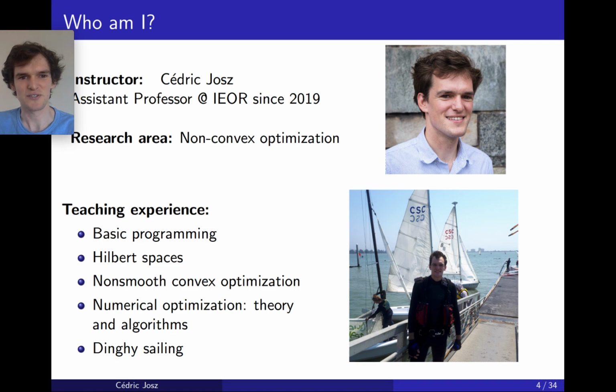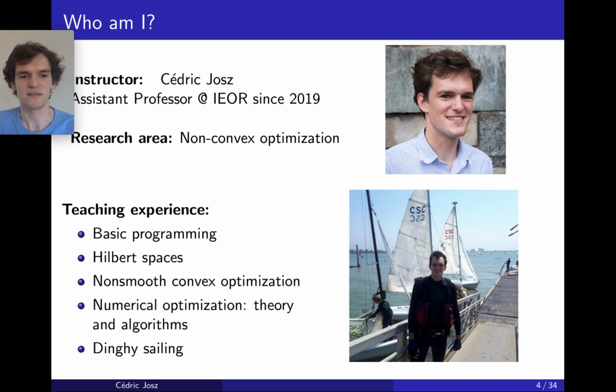So a little bit about me. I'm an assistant professor at Columbia University in the IEOR department since last summer. My research area is broadly non-convex optimization. My past teaching experience has been to teach basic programming.